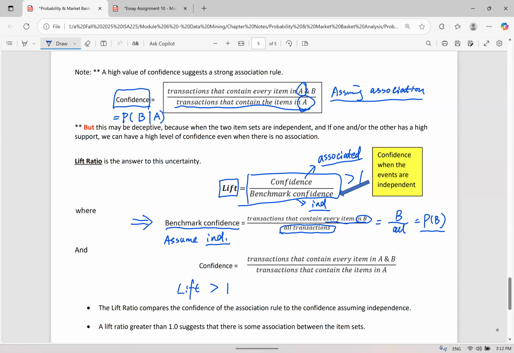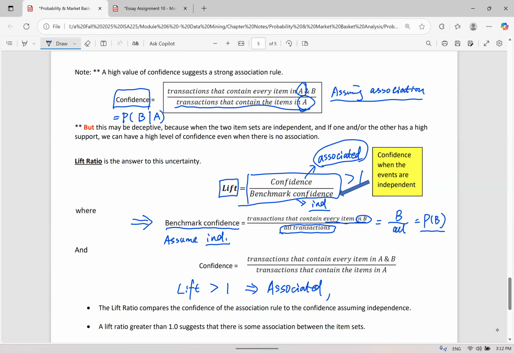It means their association probability is larger than the probability that they are independent, right? So if the ratio is larger than 1, they are more likely to be associated. So we have a definition: if the lift ratio is larger than 1, then we say these two item sets are associated.